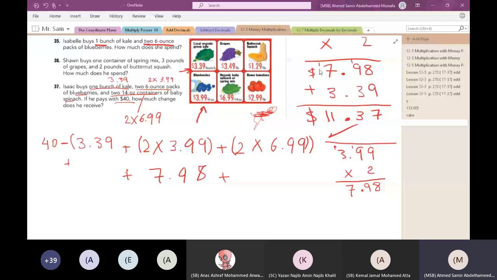Please help me with this one, the multiplication for the second part, which is 2 times 3.99.